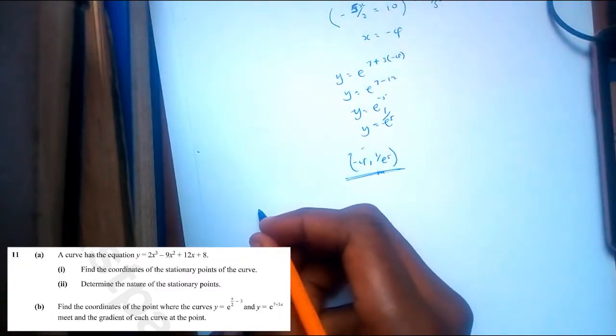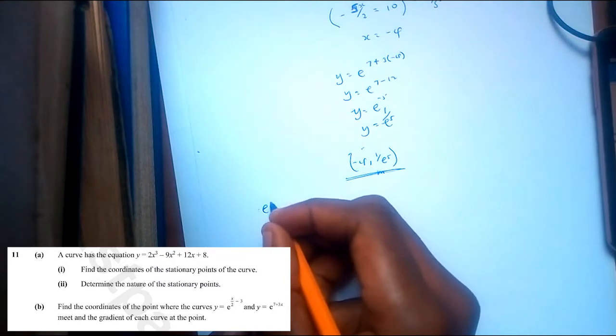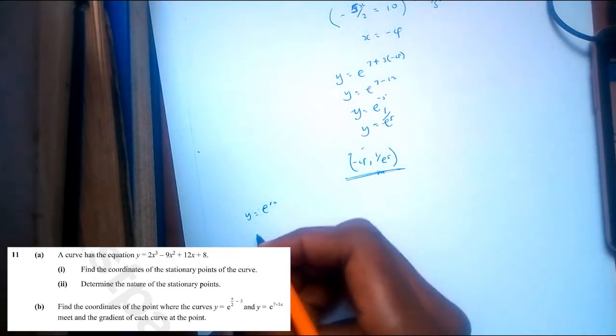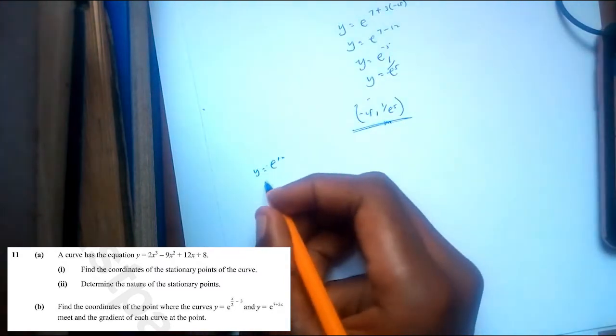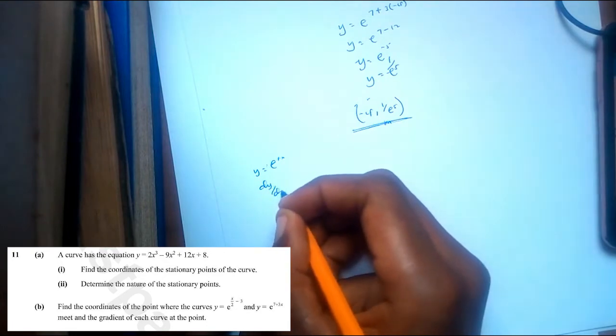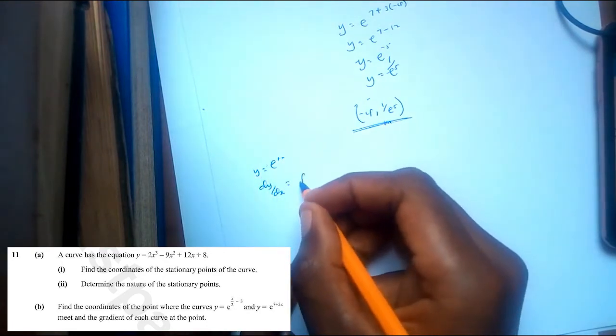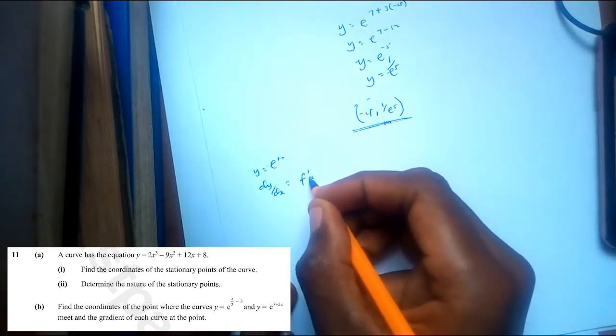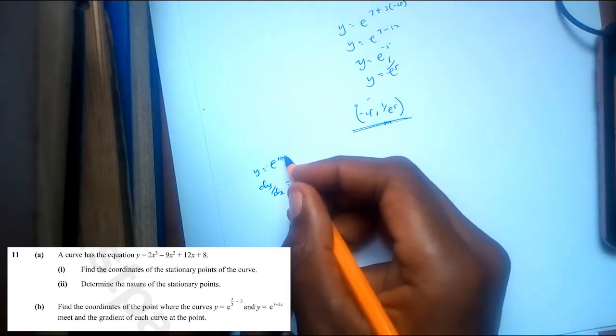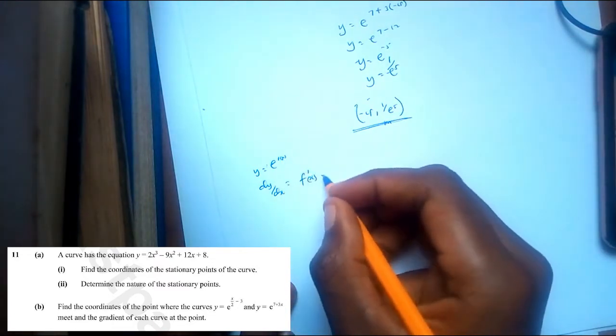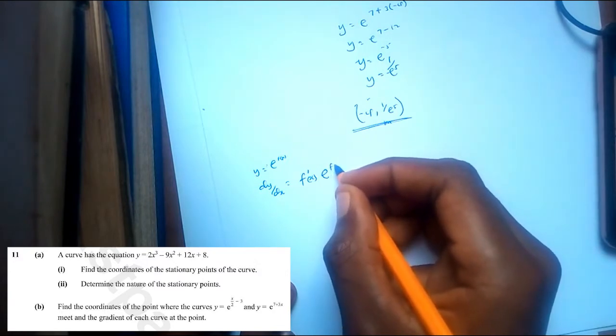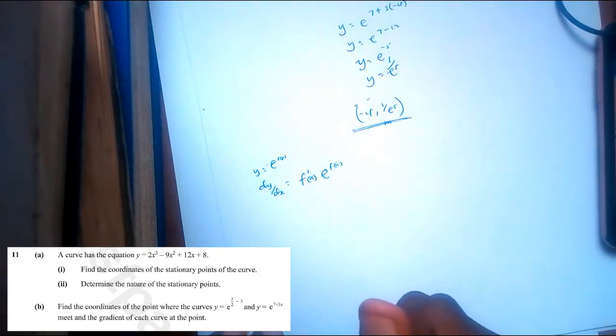Okay, so when you're differentiating e to the power f of x, y is equal to e to the power f of x, dy over dx of this is just f prime of x, which is just the differentiation of this function here, multiplied by e with the same function there.